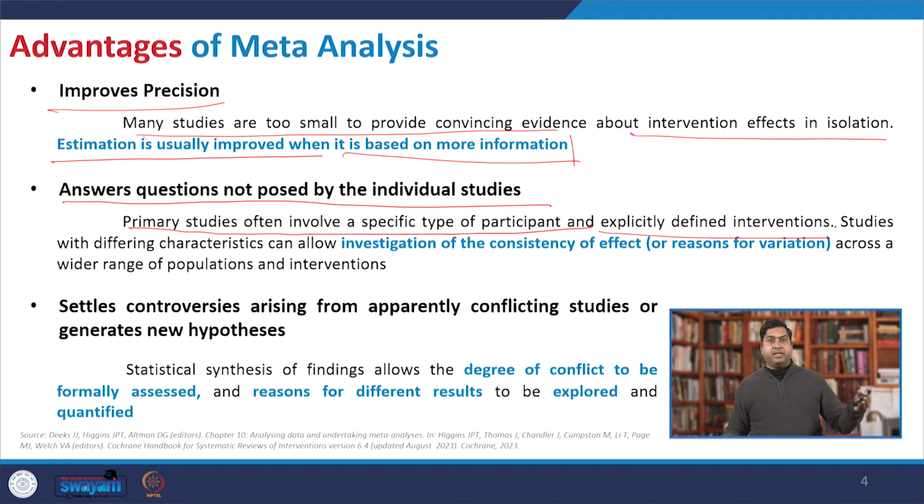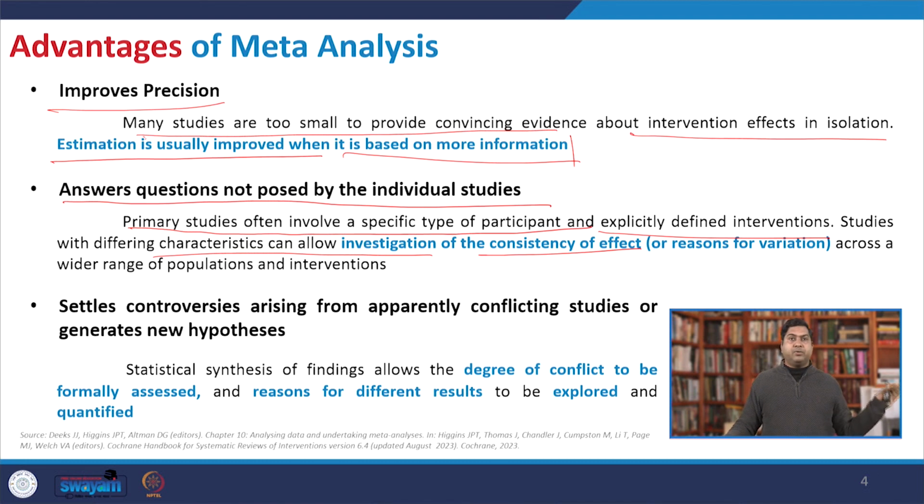So whatever the strategy, and for a change of that strategy how things will move, all this scenario may be different for different studies. Studies with different characteristics allow investigation of the consistency of the effect, that is, how consistent it is.